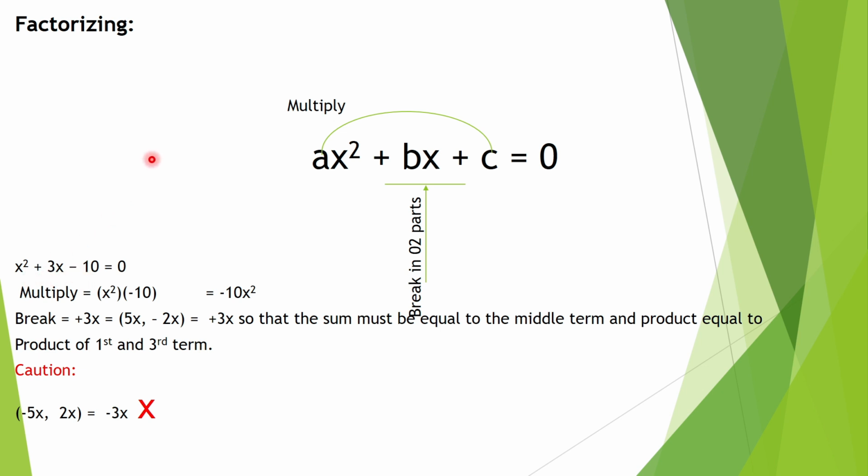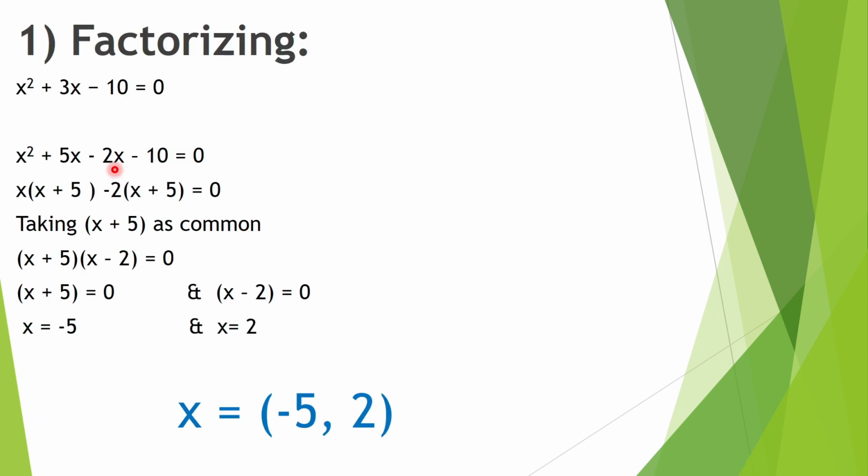So now let's try to solve this question. We have broken this into x square plus 5x minus 2x minus 10 equal to 0. So take x as common over here and take 2 as common over here. So x into x plus 5, and here minus 2, x plus 5 equal to 0. Now look over here, x plus 5 is common, so we have taken x plus 5 as common.